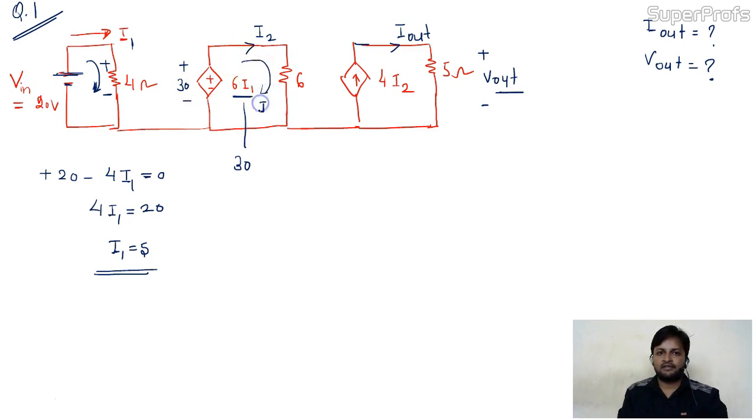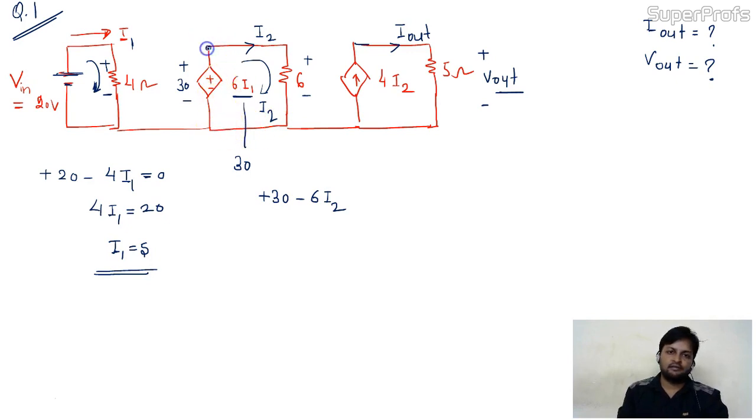In this mesh, your current is I2. I'm starting from here and getting plus 30. I'm moving forward in the circuit and getting the voltage drop. The direction of the voltage drop will be like this, and the voltage drop will be 6I2. Is it okay to you people? I'm coming again to the circuit.